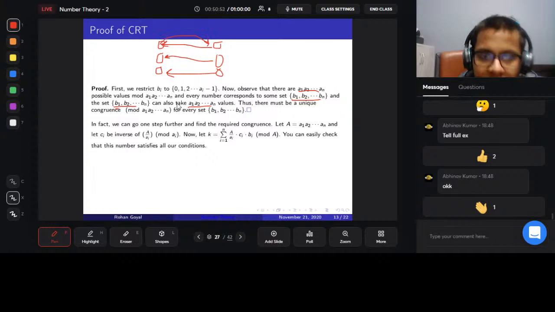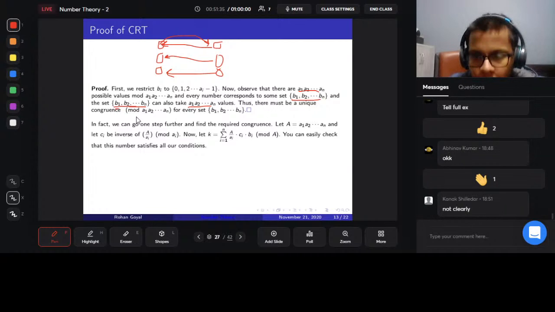So this set can take A1 A2 An values, and every number here takes a unique set, and the number of values is A1 A2 An, thus there must be a bijective function between these two things. So for every set B1, B2, Bn, you can find a congruence. Is that fine? Is the proof that such a number exists fine? Please react, otherwise I can't judge.